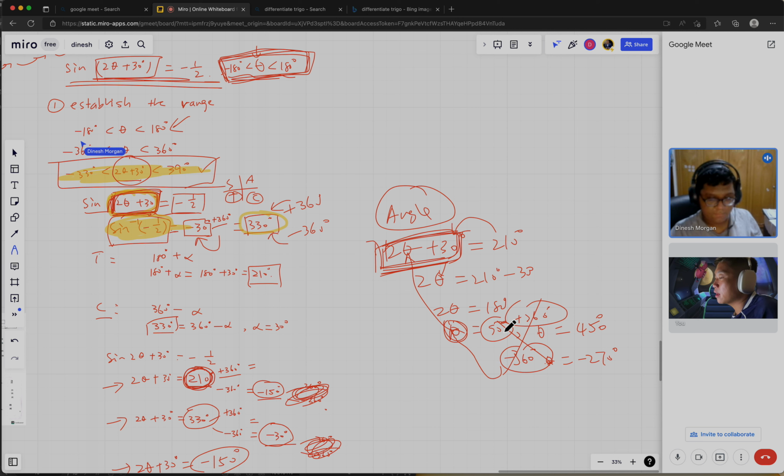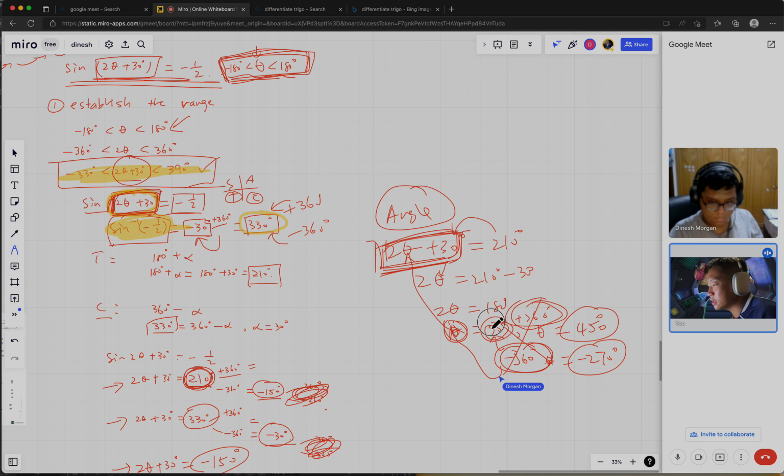Oh, wait. I'm not talking about whether this 450 and this minus 270 is in range or not. I'm talking about it's not right to add the 360 or minus the 360 to the theta. Your theta equals 90, and now you add 360 to it, and then you minus 360.